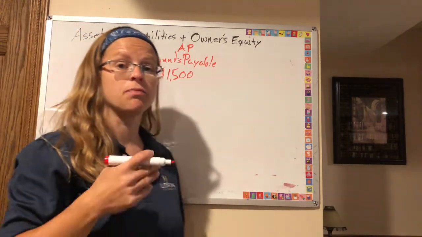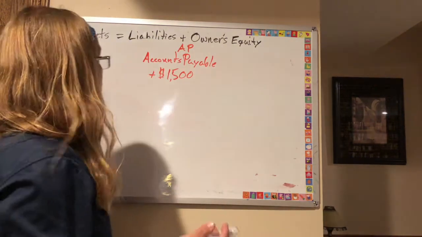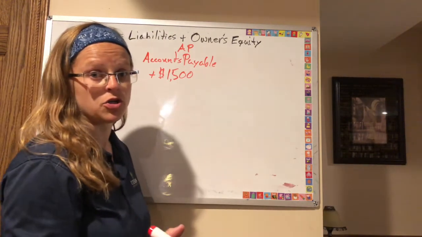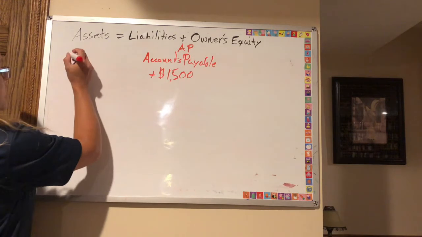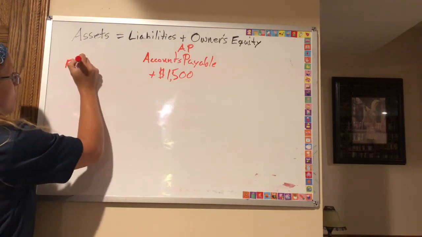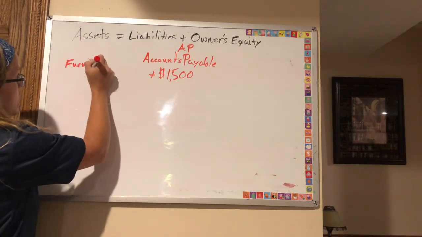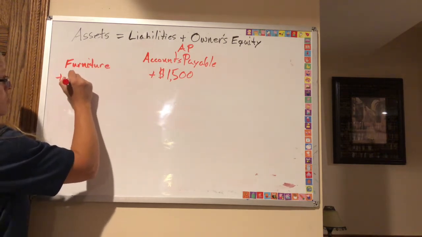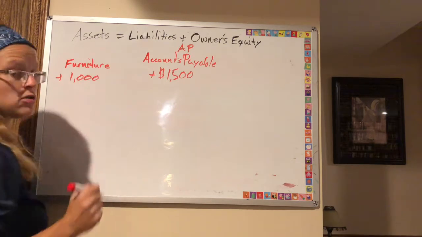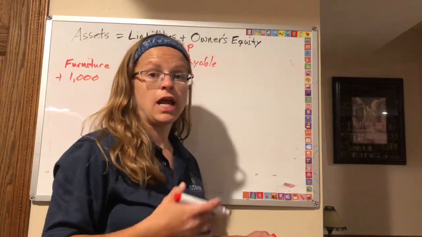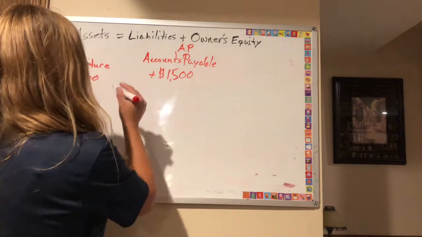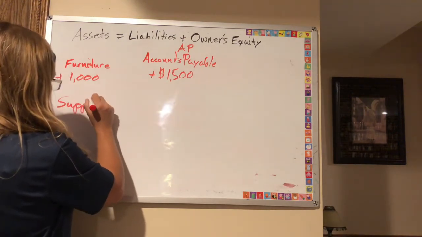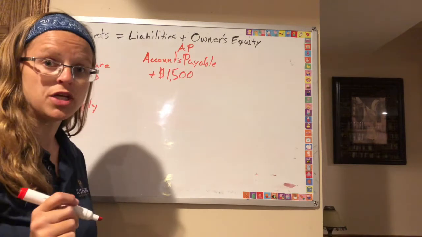Now she purchased supplies and furniture, all right? The furniture costs $1,000, so we have a furniture account, because it's an asset. The furniture account increases $1,000 because we now have $1,000 worth of furniture in Ann's organization. And the supply account increased by $500.